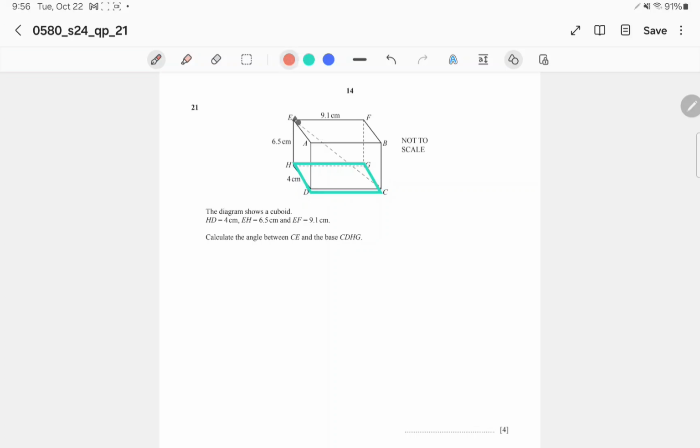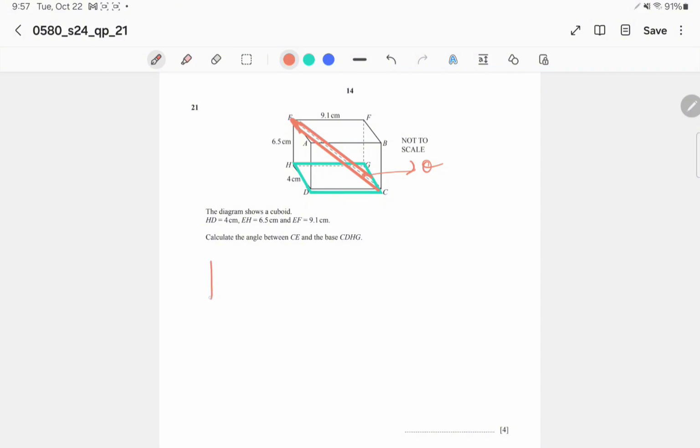I will make it with a different color. This line and this part, in between angle they are asking. So how to find this angle? I am making it as theta, but we will calculate what the angle is for this part. I am taking this triangle separately at the bottom.